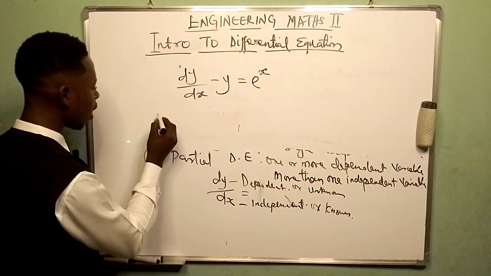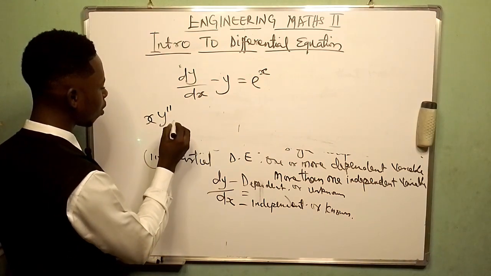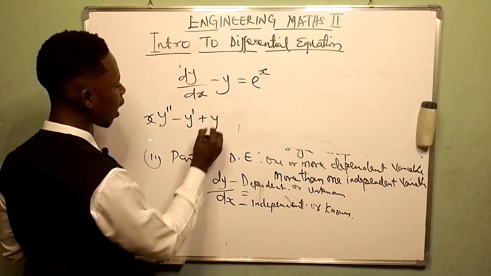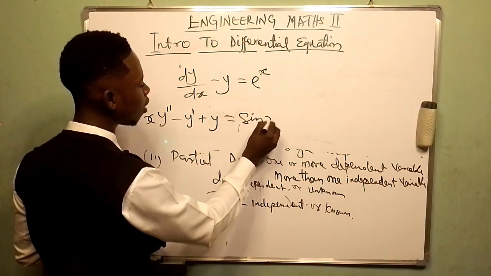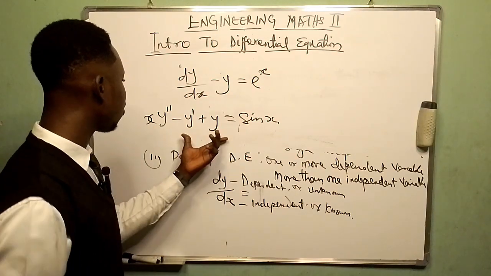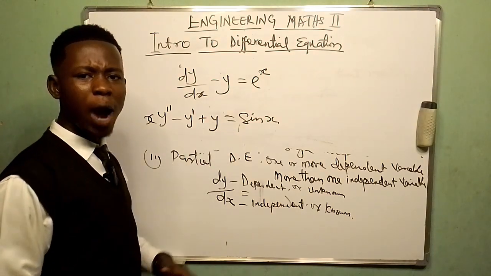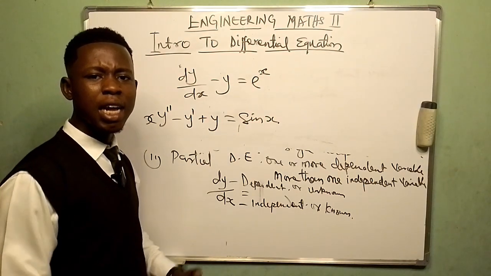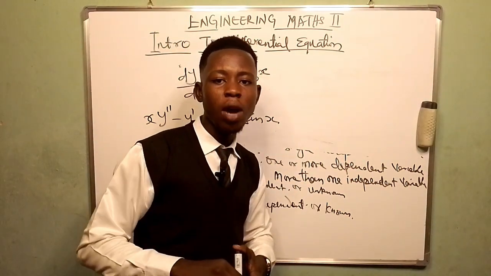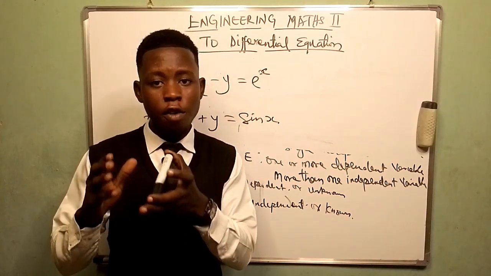Let's assume we have x y prime prime minus y prime plus y equals sine x. This is another example of an ordinary differential equation. Why? Because we only have a particular independent function, and we also have one or more dependent functions or variables.